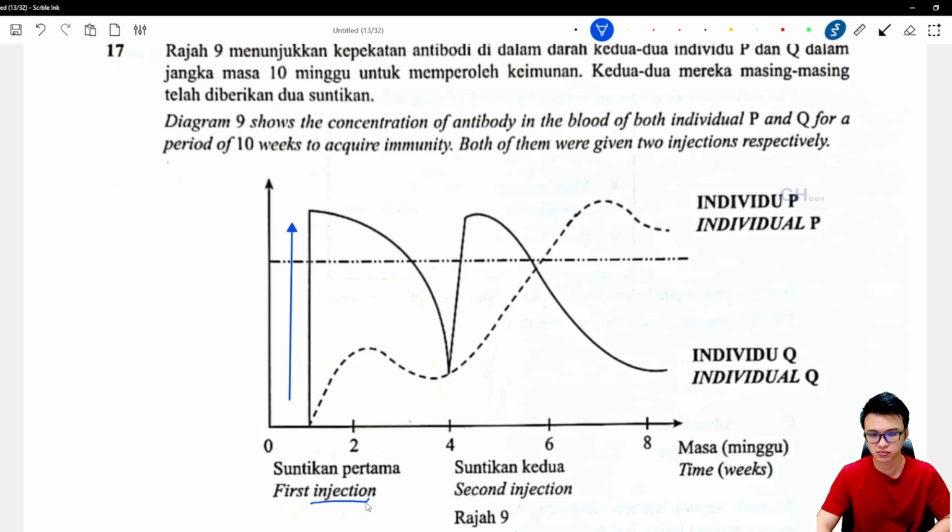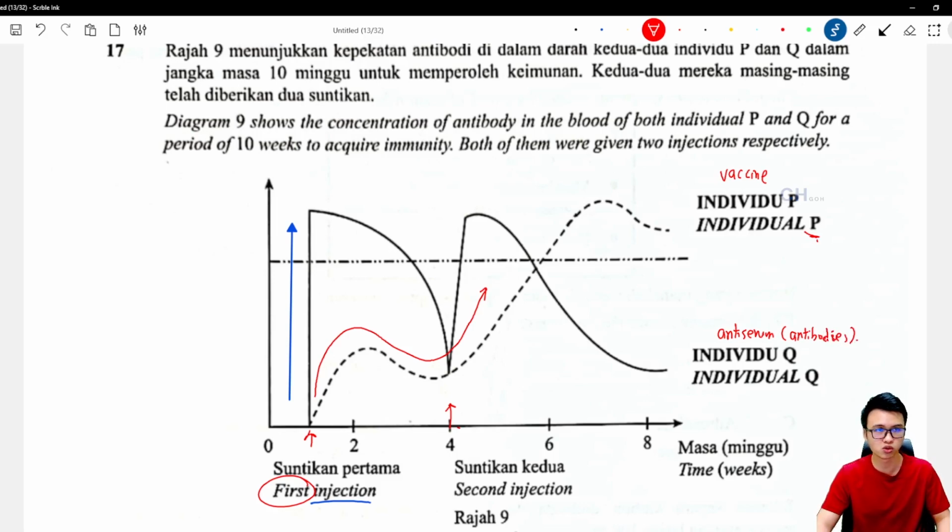But individual P can only start producing the antibody, increasing it slowly, after the first injection here and the second injection here. So this question is very simple. Individual P is getting the vaccine. Individual Q is getting the anti-serum. Why? Because inside the anti-serum, we have the antibodies already. So you inject the antibodies into the body, and of course you can straight away get the antibodies.